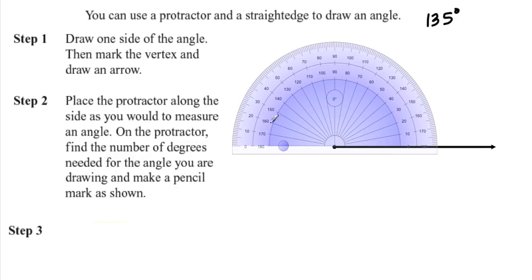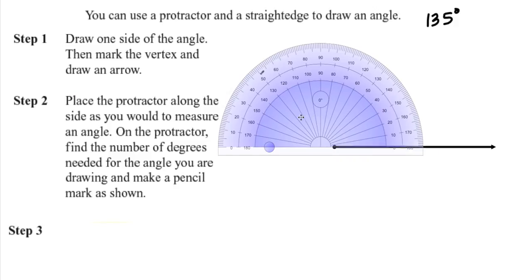So this is where we are going to read 135 degrees. So we start counting. That's 90, that's 120, 135 degrees is right here. I'll simply put a point on 135 degrees, around there.